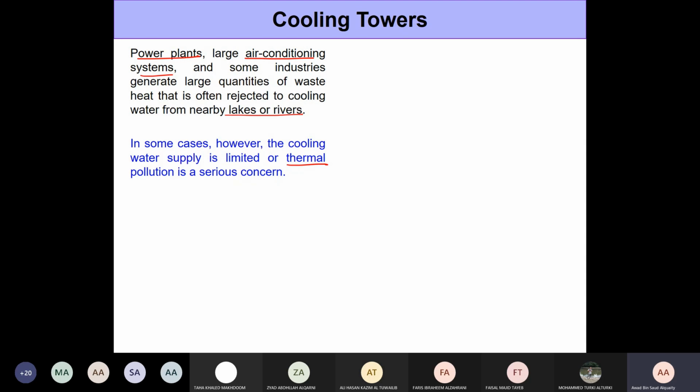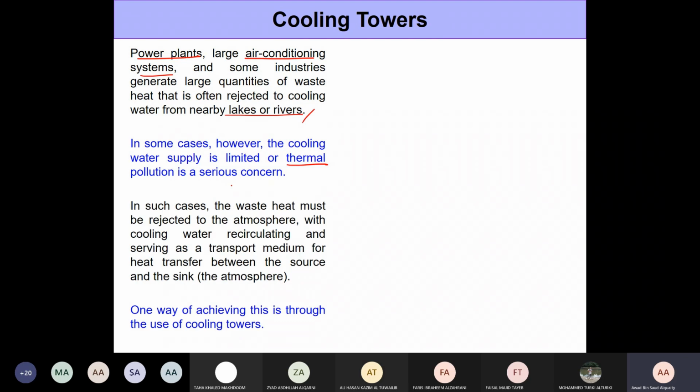So in cases where you don't have access to a lake or a river, you have to think about another way of rejecting heat, right? We typically want to reject heat to a sink, so if it's not the lake, then we reject the heat to the atmosphere. We do so by using water as a transport medium for heat rejection.